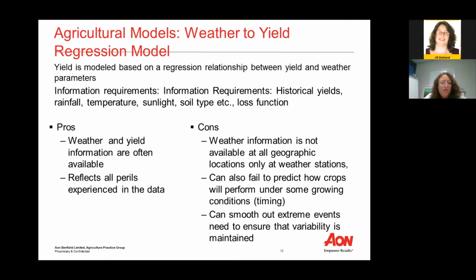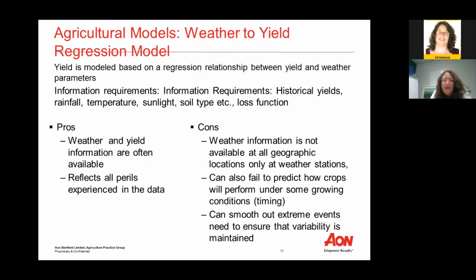You can just do a regression of weather onto yield. This has similar issues to the crop growth model: whether the weather information is available at the right geographic location, and whether you know exactly the growth stage of each crop.